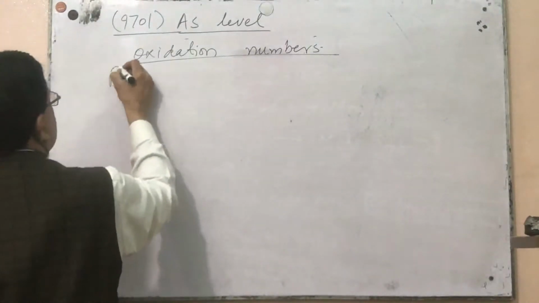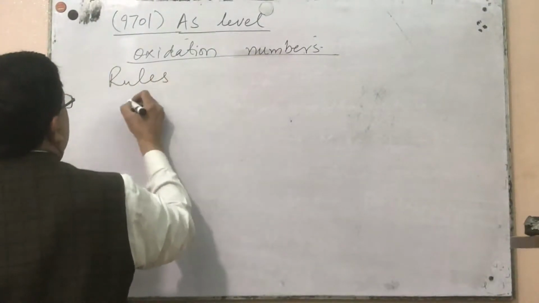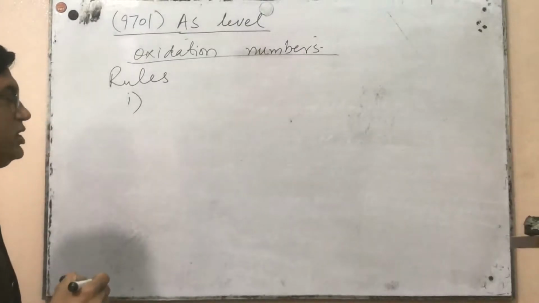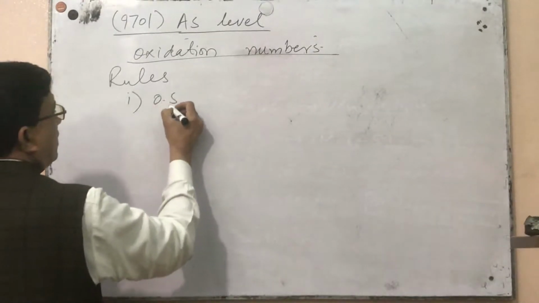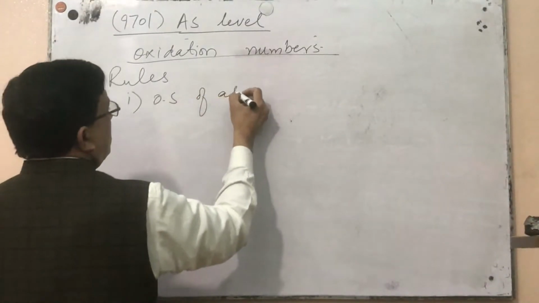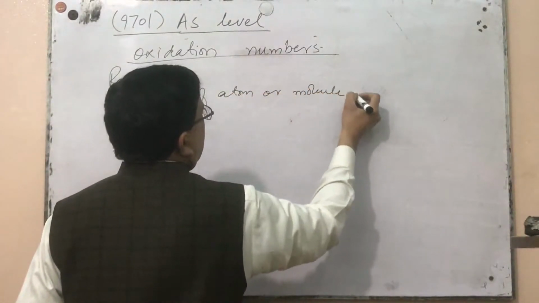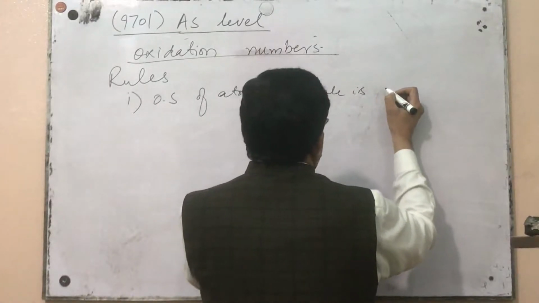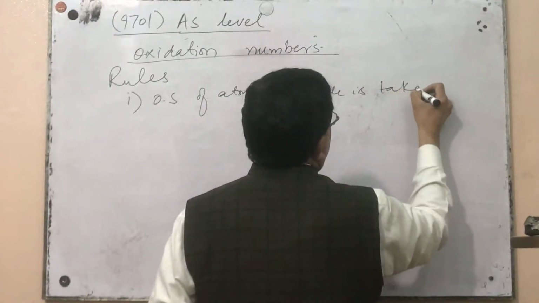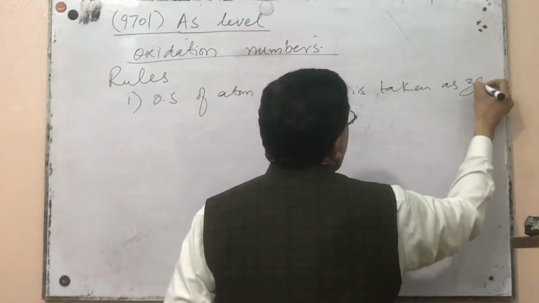What are the different rules? Number 1: the oxidation state of an atom or molecule is taken as 0.